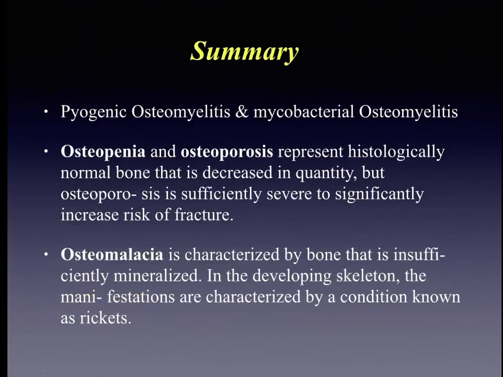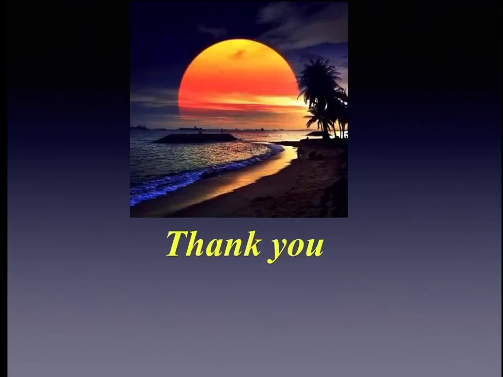Acute infection results in a neutrophilic inflammatory reaction, which leads to formation of abscess and necrosis of bone fragments, which results in formation of sequestrum, and later reactive new bone formation, which is called involucrum. Mycobacterial osteomyelitis is caused by Mycobacterium tuberculosis. The spine, knee, and hip bones are the commonly affected ones, and they morphologically resemble the granuloma seen elsewhere in the body.